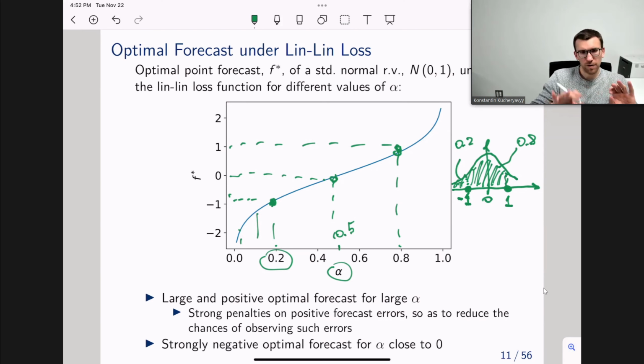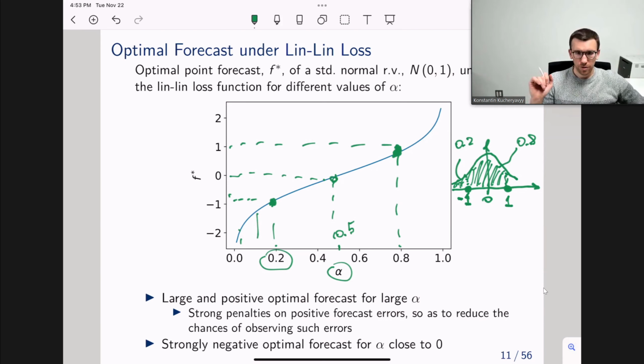And in reverse, if alpha is closer to 1 from 0.5, then we will be biasing our forecast towards positive values, because with this kind of loss function we put higher values on positive errors.